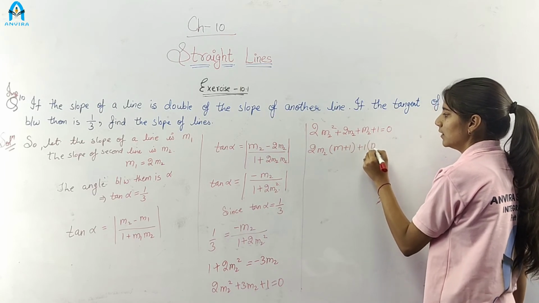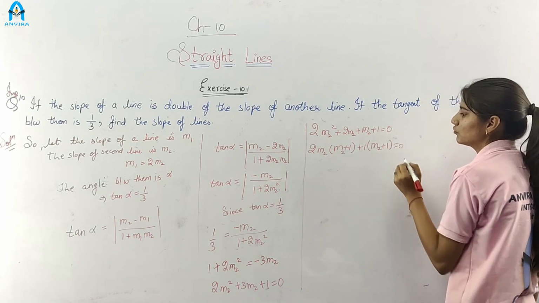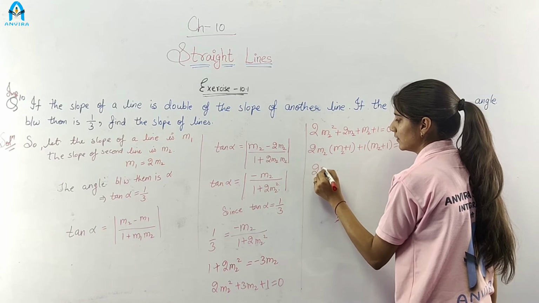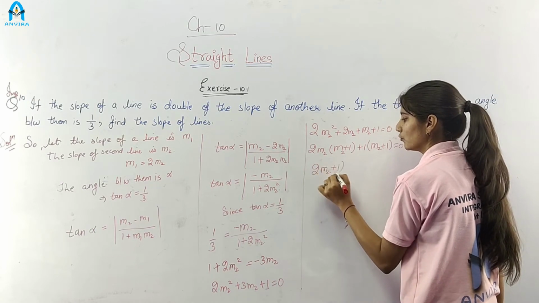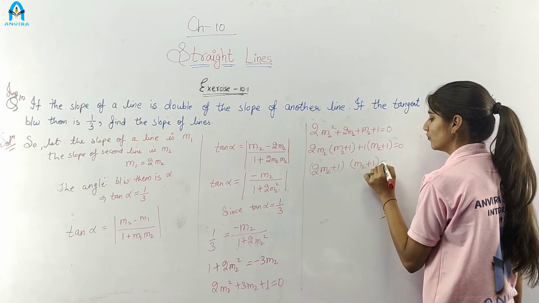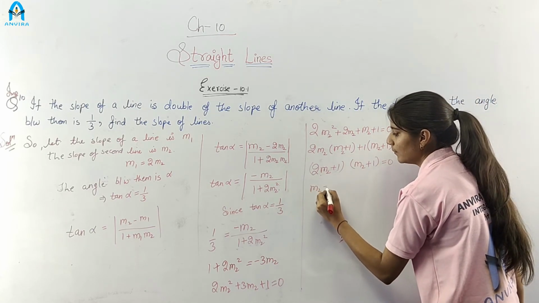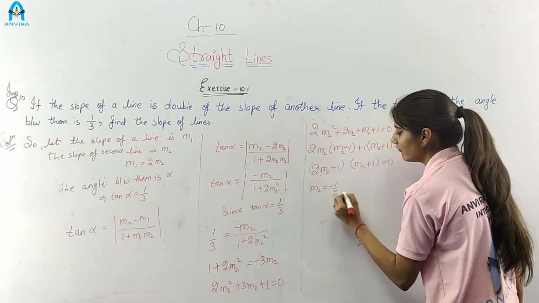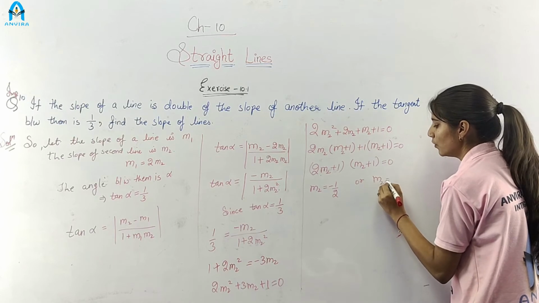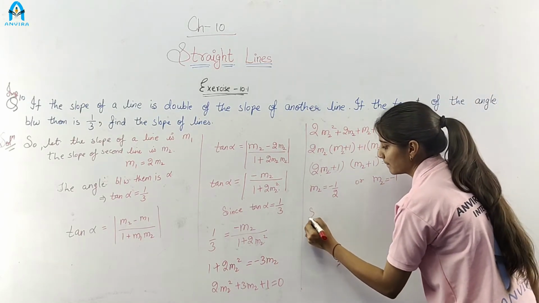Similarly, from here again m2 plus 1 is equal to 0. So I can write it as either 2m2 plus 1 or m2 plus 1 is equal to 0. From here I will get m2 is equal to minus half, and from here m2 is equal to minus 1.